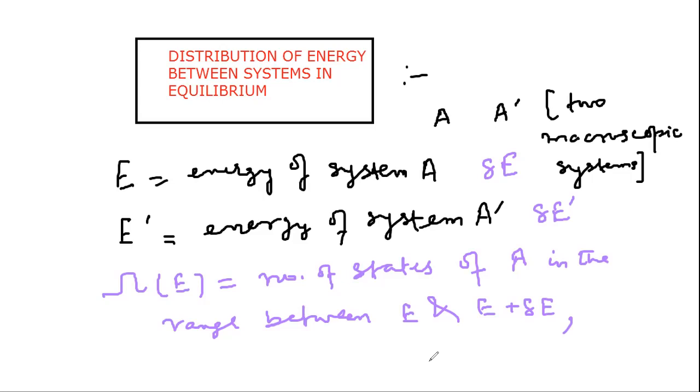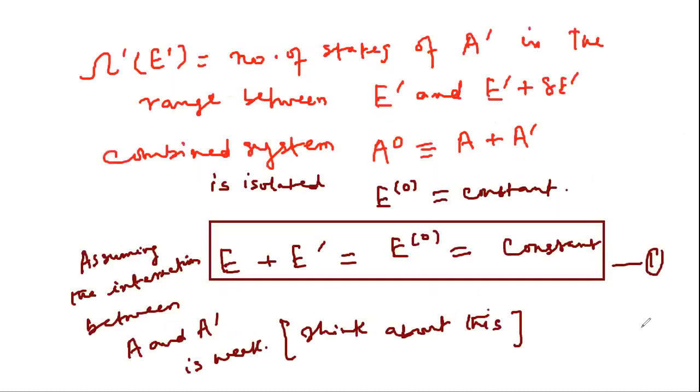Let E be the energy of system A, E prime be the energy of system A prime, and the energy scale of E be divided into small equal intervals delta E and delta E prime pertaining to the other system. Then sigma E was the number of states of A in the energy range between E and E plus delta E. Similarly, we defined sigma prime of E prime.